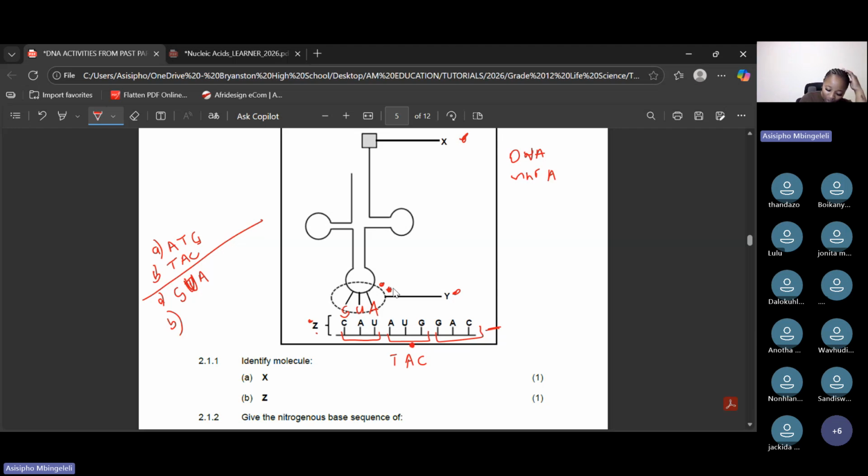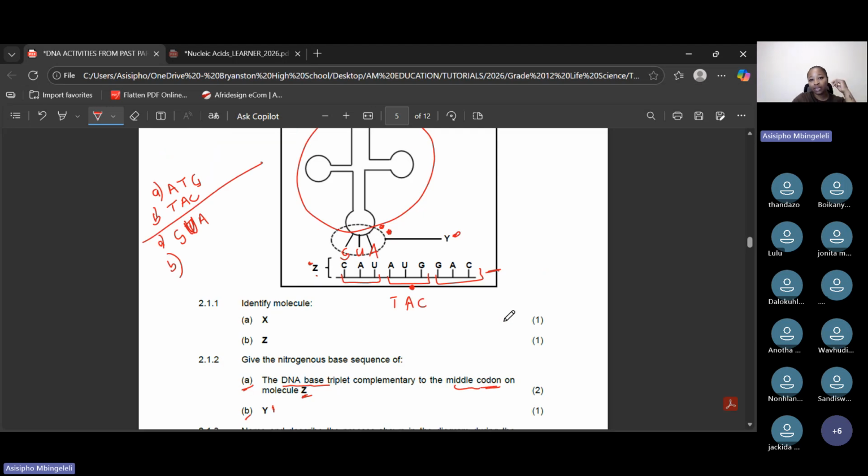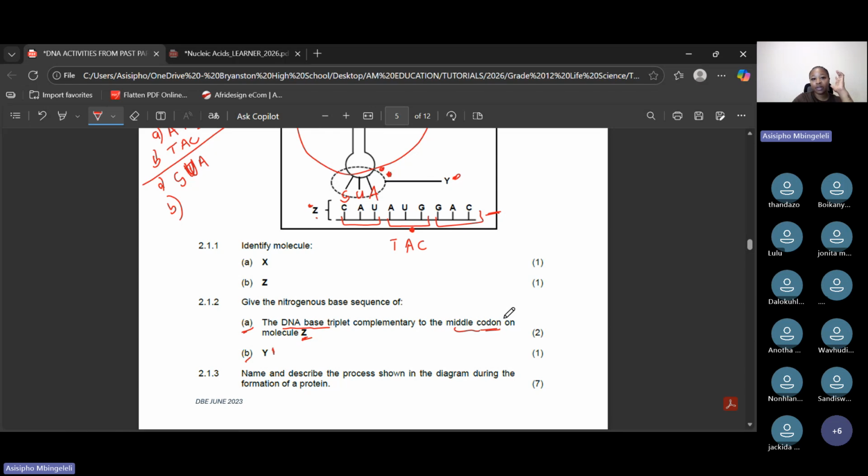There is only one molecule with this shape. It's a transfer RNA. So we are pairing a messenger RNA with a transfer RNA, hence the U. It can't be T there, where they didn't ask us about DNA. We answered the DNA question in A. So here at Y are the anticodons for transfer RNA. I need us to get this, guys. It's not that difficult. We have to be able to figure it out at all times and do these activities. Because if you didn't do the activity, you'll probably be confused now.